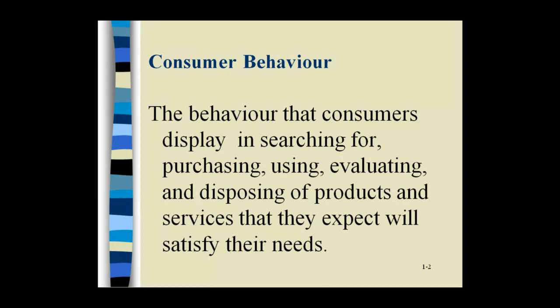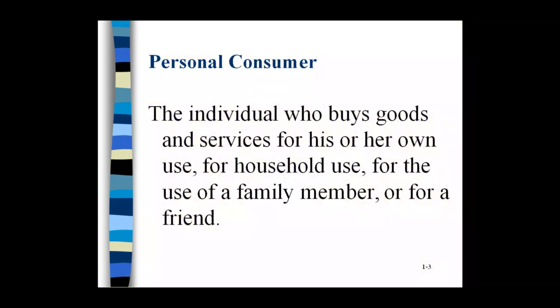So with this definition in mind, we further come to the types of different consumers. There are personal consumers, then there are institutional or organizational consumers. First of all, we are going to discuss personal consumers.